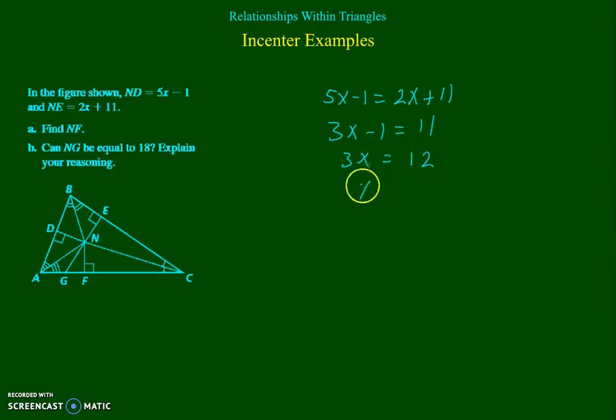Divide by 3. x equals 4. And now we're looking for any one of these segments. So let's put it into ND, that'll give us the easiest one. So 5 times 4 minus 1 is 20 minus 1, 19. And so because ND equals 19, so does NE, and so does NF. So that's our answer for part A.